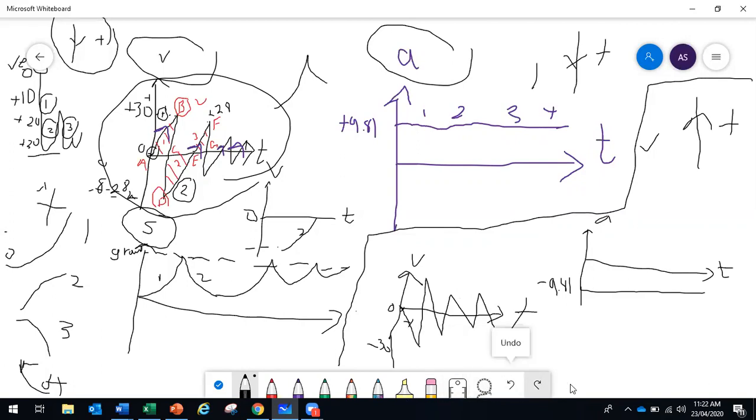Gravity, right? Gravity causes acceleration, right? Gravity acts in which direction? Down. The gravity is the acceleration. Does the direction of gravity change? Never change, right? Gravity always acts down. If you take upwards as positive, it means gravity acting down is always negative. So it's always negative, never becomes positive. Okay.